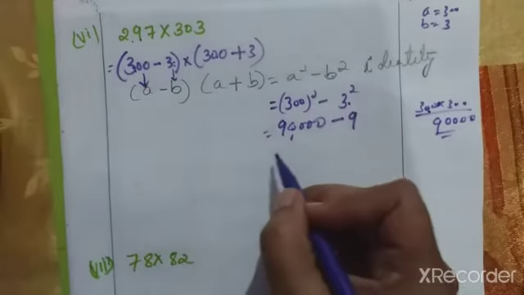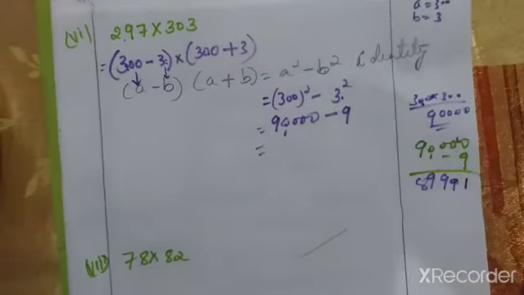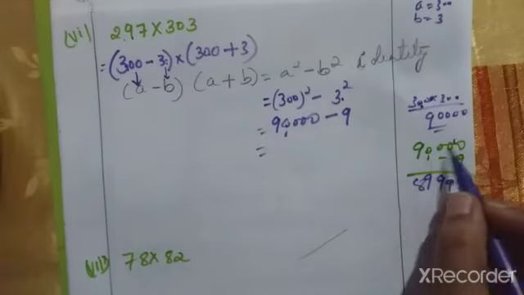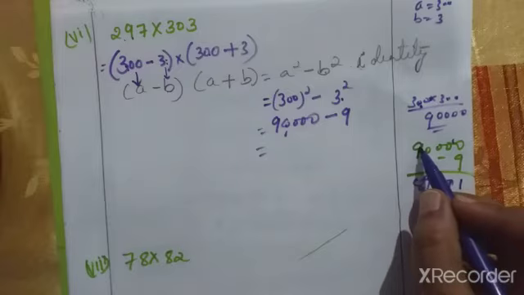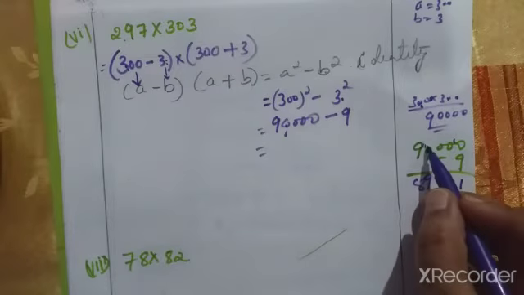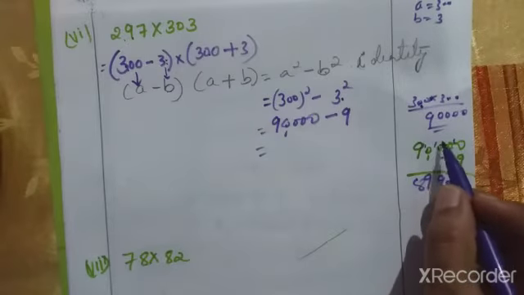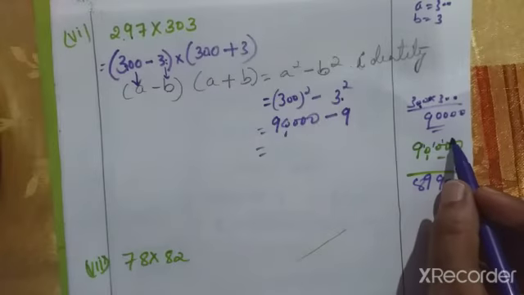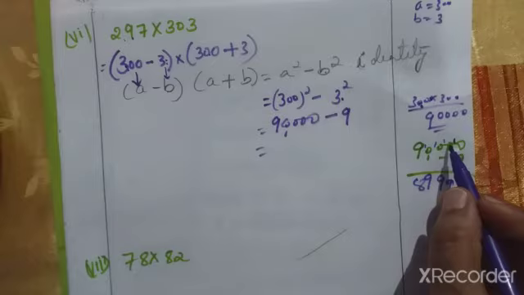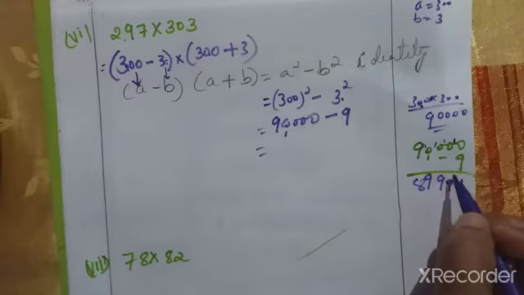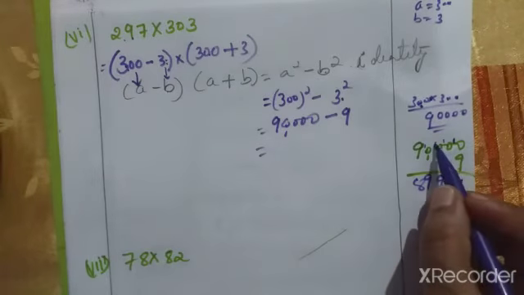Now we have to subtract this number. So subtract the number, children. 90,000 minus 9. Here 0 minus 9, we can't, so borrow 1 from the next place. Now 10 minus 9 is 1. Here it was 10, he gave 1 to his friend, so now 9.